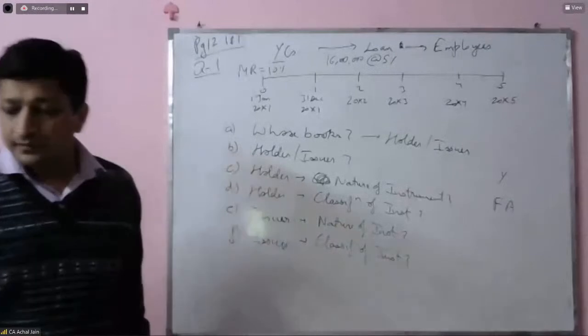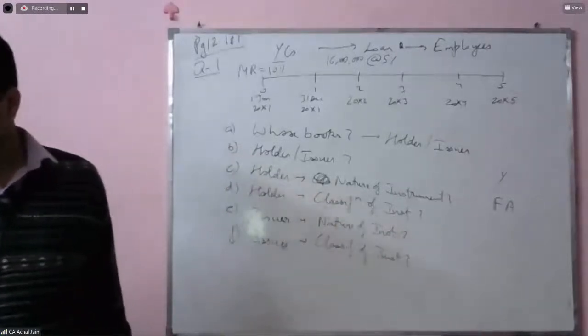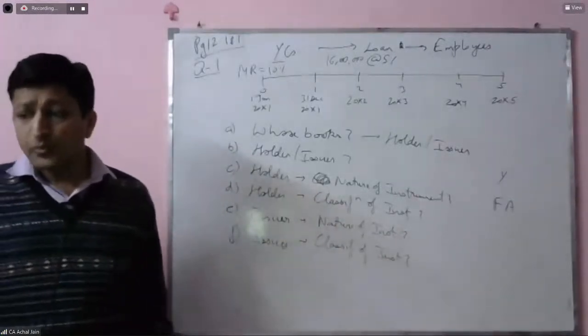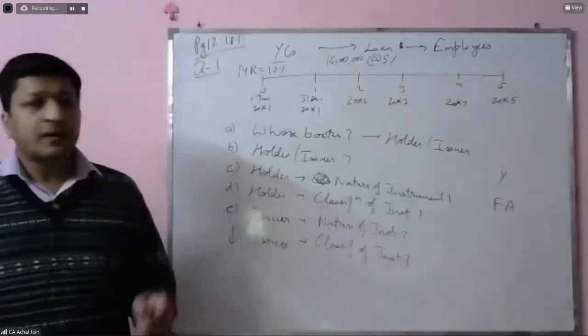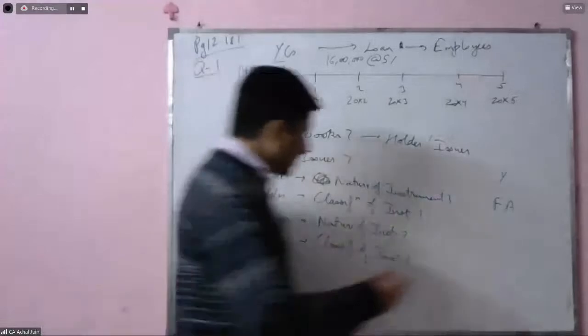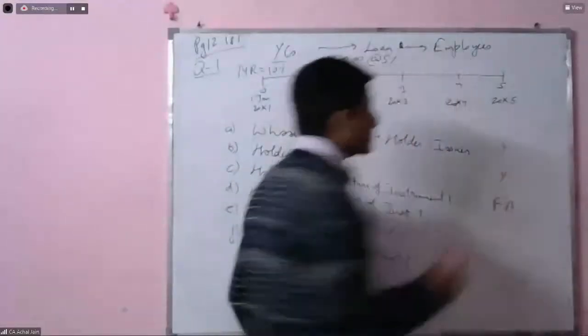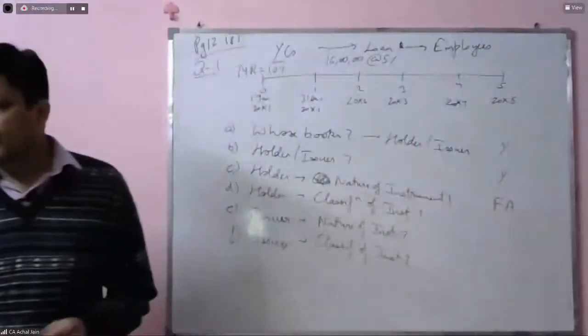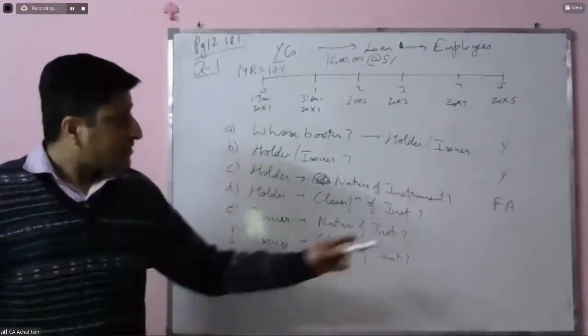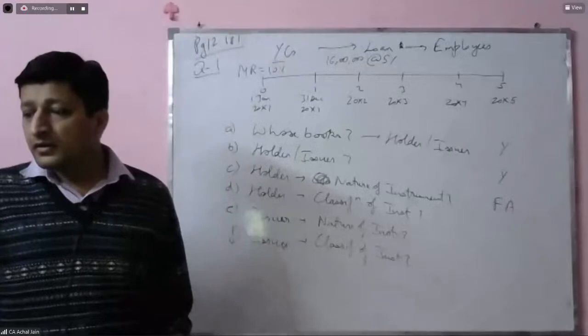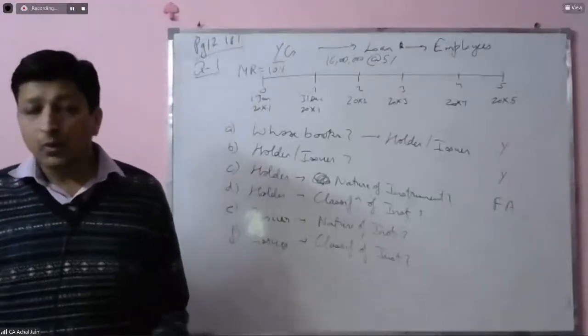What about others? Okay, Pujita is saying, sir, holder is Y. Accounting is required to be done in the books of Y. Okay. So accounting is also required to be done in the books of Y. In the books of Y, it will be a financial asset. Very good. Issuer is employee.